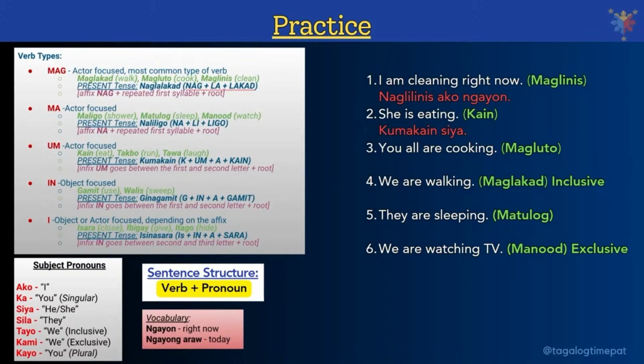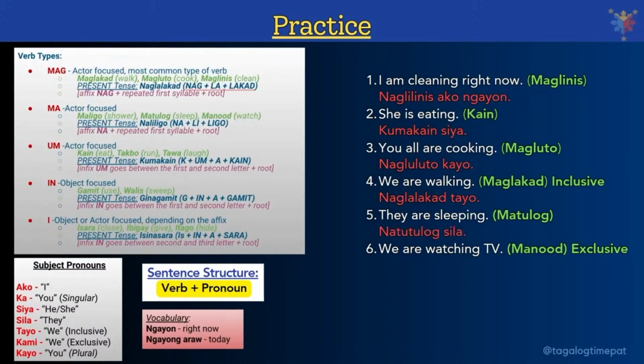Number 3, you all are cooking. Nagluluto kayo. Number 4, we are walking. Naglalakad tayo. So remember, inclusive means everyone is doing the action. Tayo is the inclusive form of we.